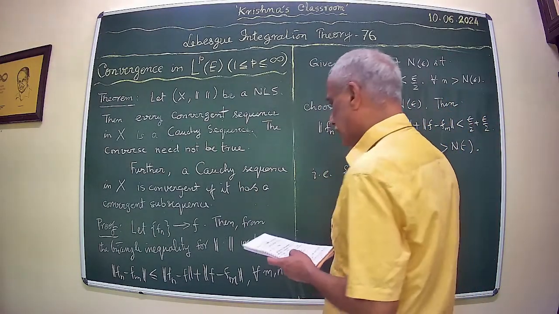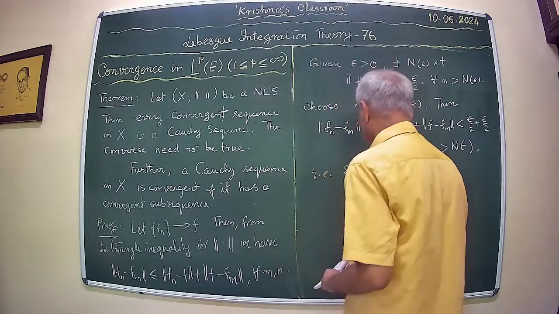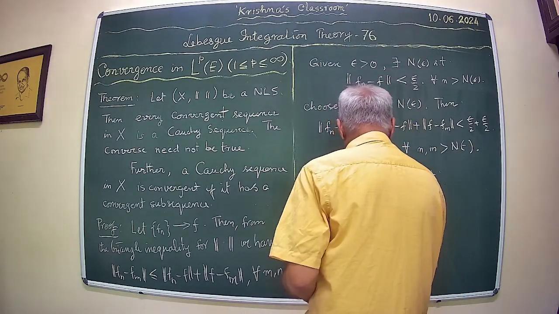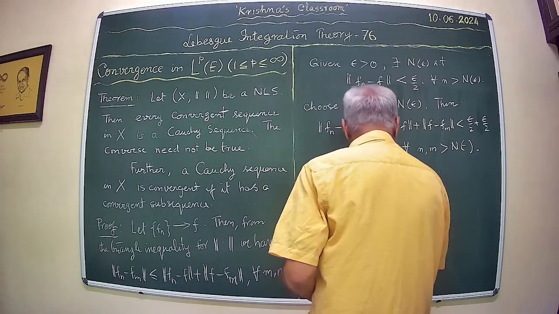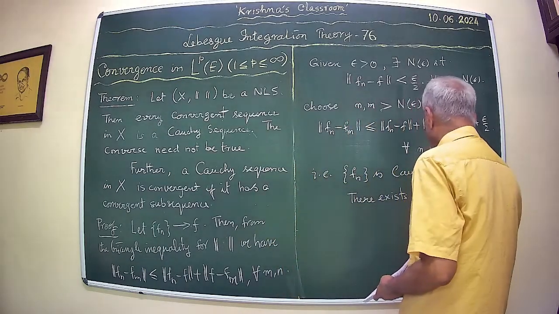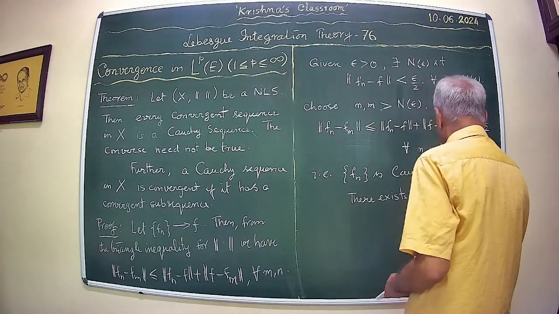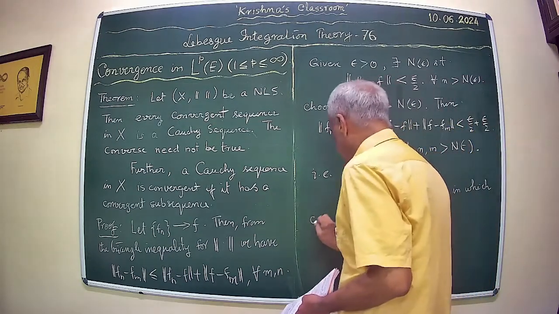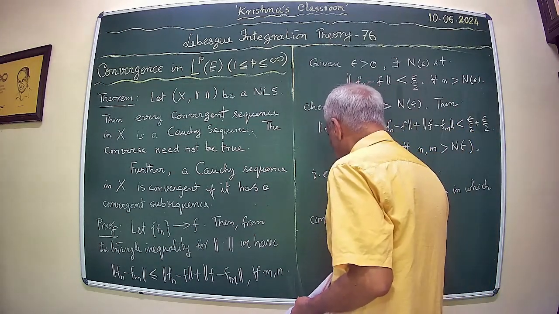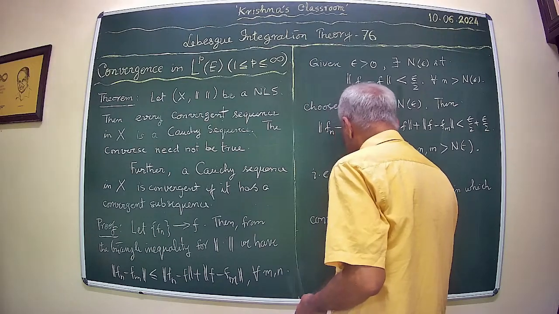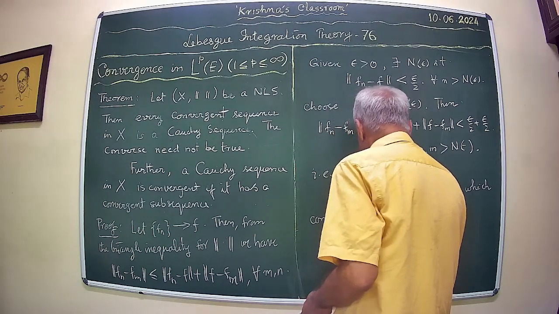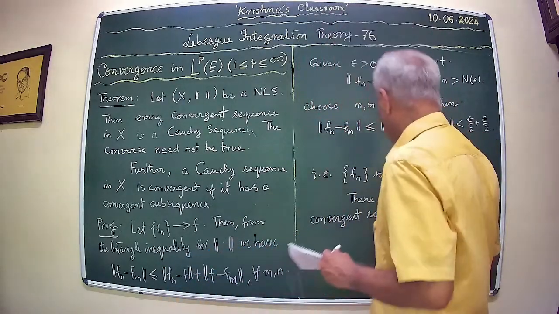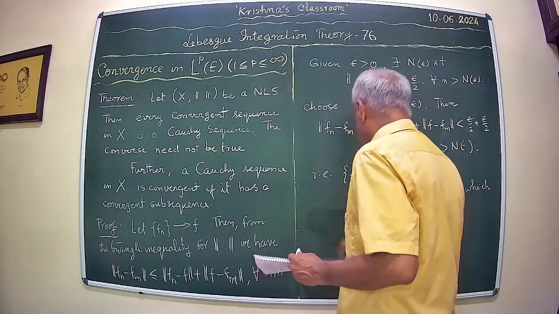Now we go to the next part. Suppose spaces in which convergent sequences are not convergent sequences, Cauchy sequences need not be convergent.